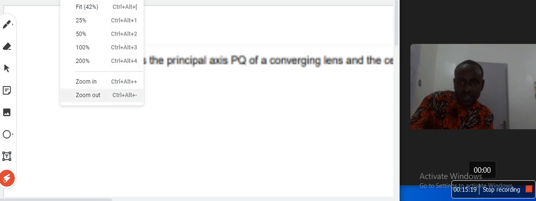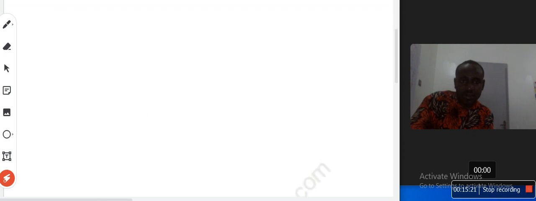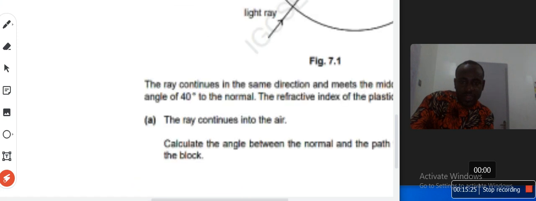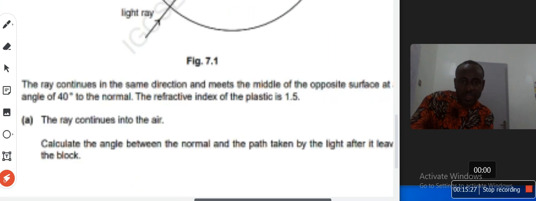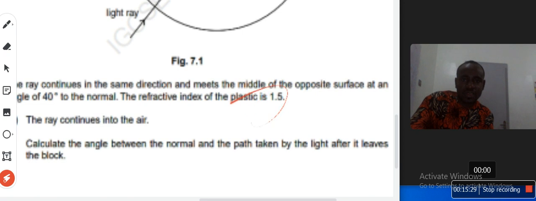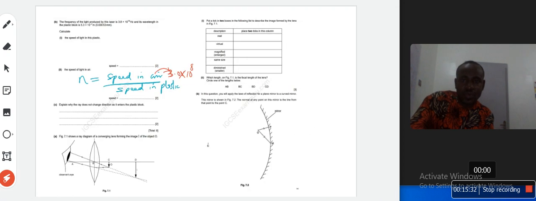Let me zoom out a bit. In this question we're already given the refractive index as 1.5, and we have calculated the speed in plastic. That's what we're looking for.